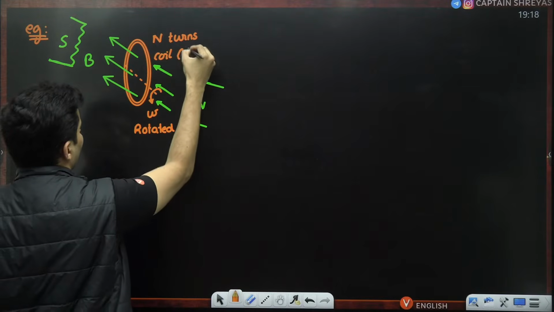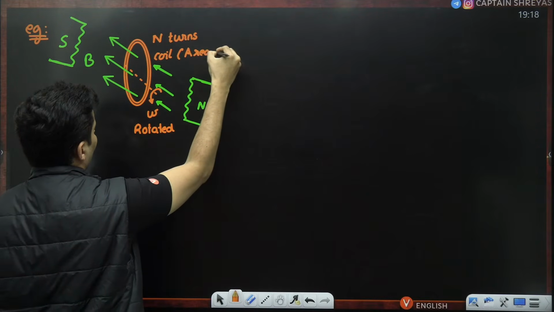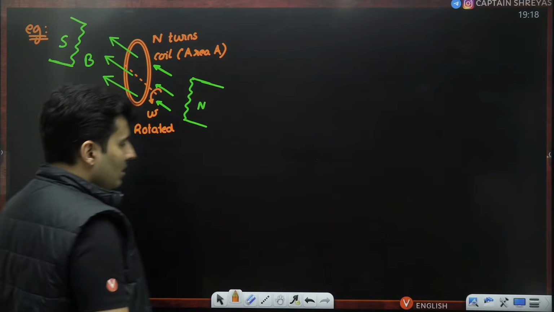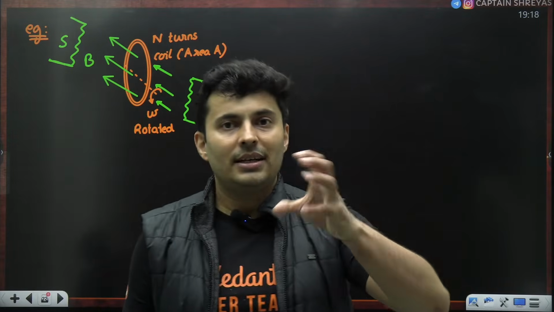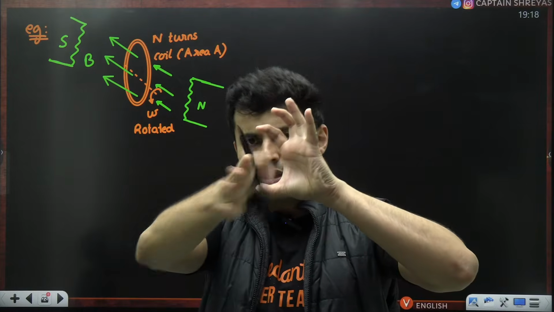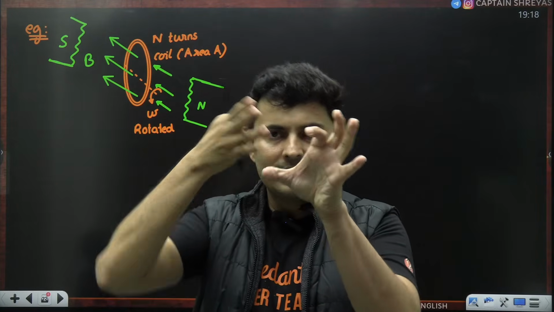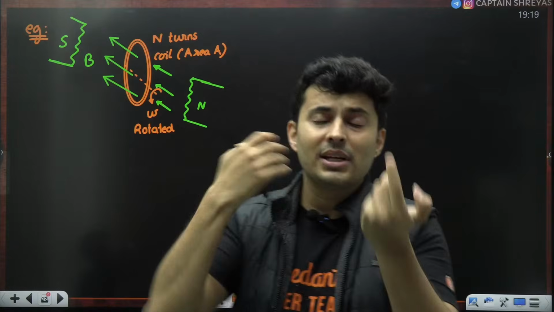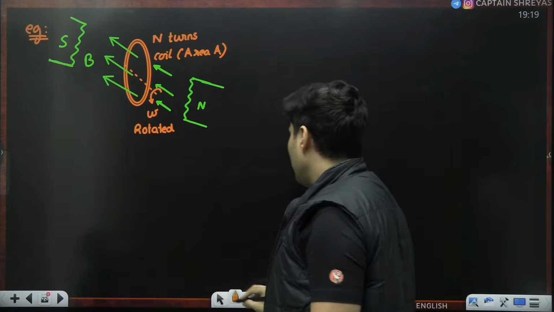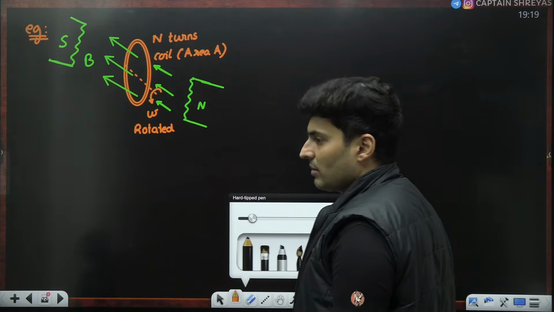This coil also has an area of cross section A. What will happen because of that? Sometimes flux will pass nicely, sometimes flux will be less, then zero, then more. So flux will change. So definitely there will be EMF which is being created.